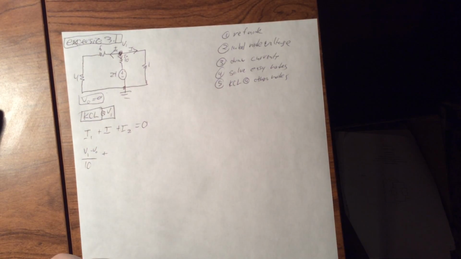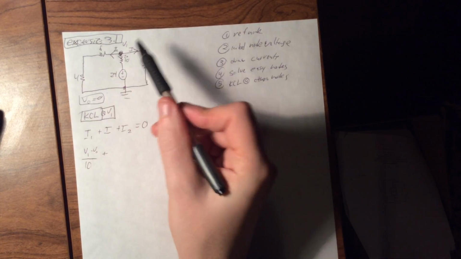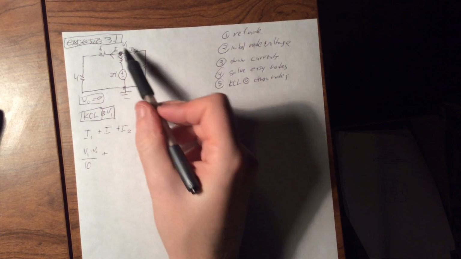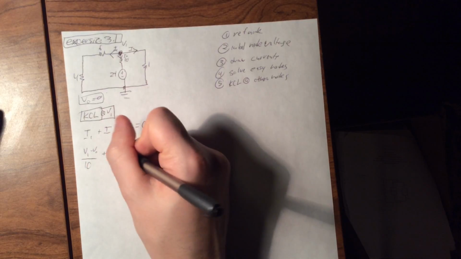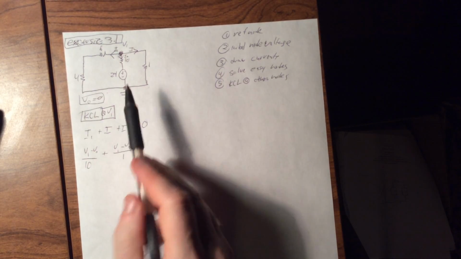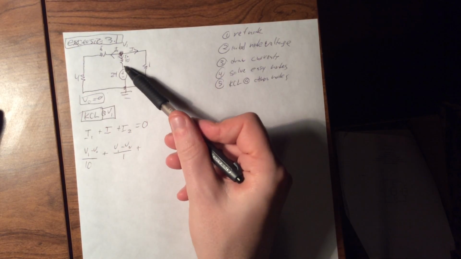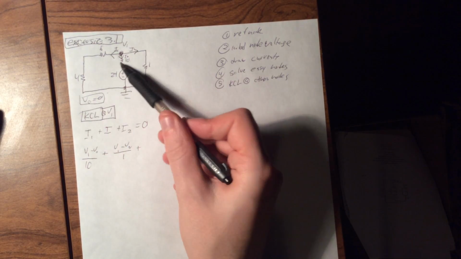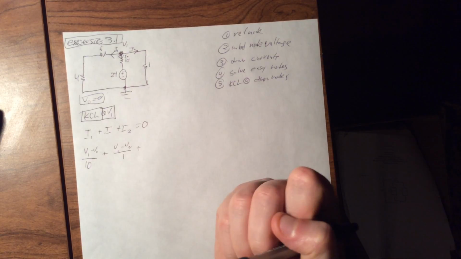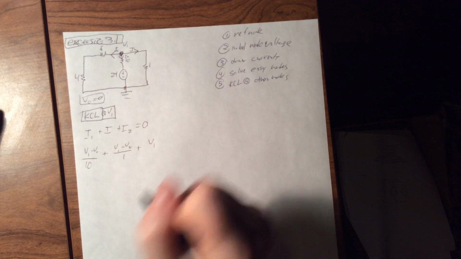Plus, our second term is we've got V1 right here minus V0 over 1. V1 minus V0 over a 1 ohm resistor. And we've got our last one. Ooh, we have something special here. We have a source and a resistor. That's cool. All right, we have something fun. We're going to start with our V1 here.